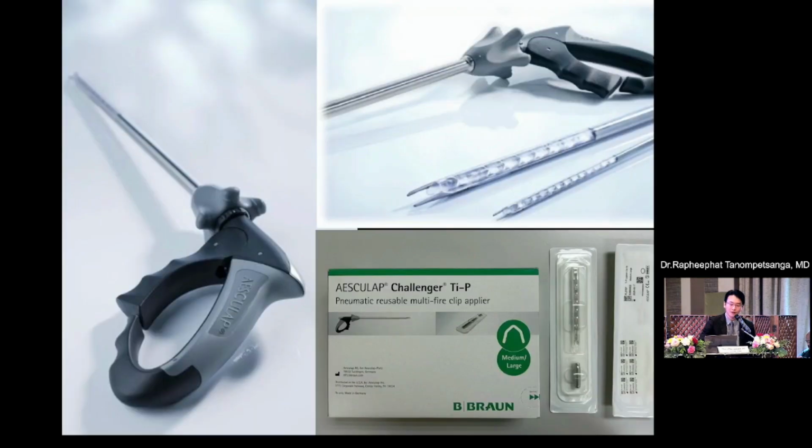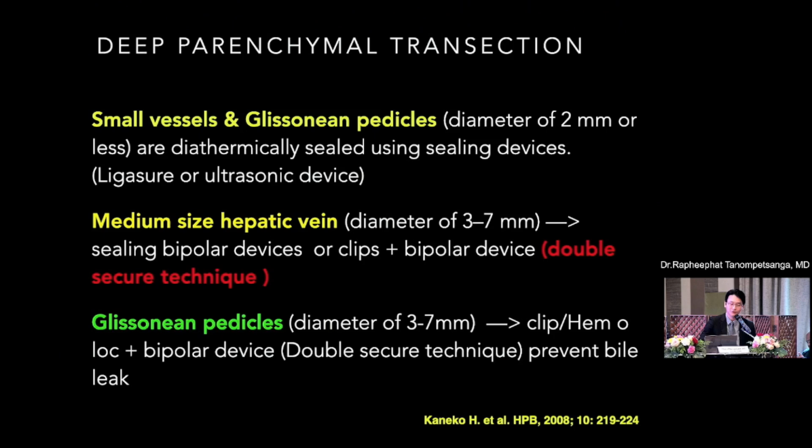If you see the pedicle or vein clearly, you should use a clip or Hem-o-lok to secure it. If the small vessel and distal pedicle are not larger than 2 millimeters, you can seal it with the bipolar device.